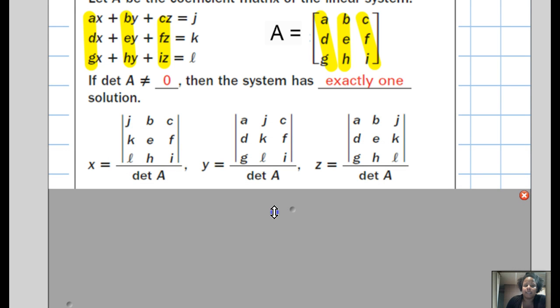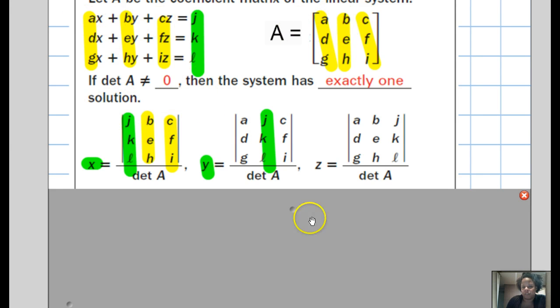That is, we keep the original columns, but replace the x column with the right-hand side column. As you can see here, for the y value, we're going to replace the y column. I call this the x, the y, and the z column. So I'm going to replace that column with this right-hand side and keep the original columns for the coefficient matrix.